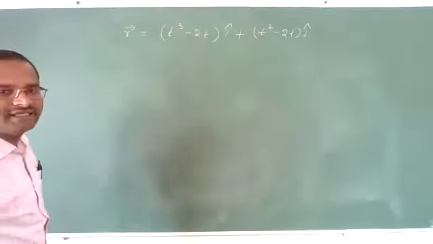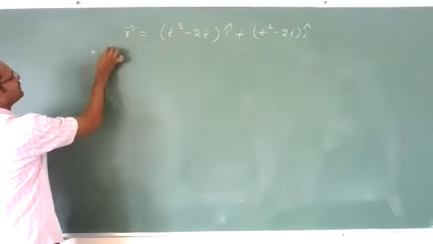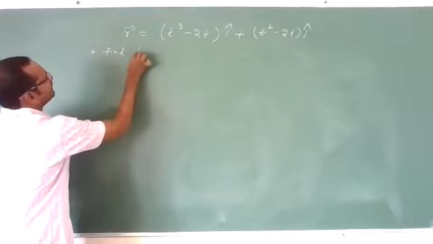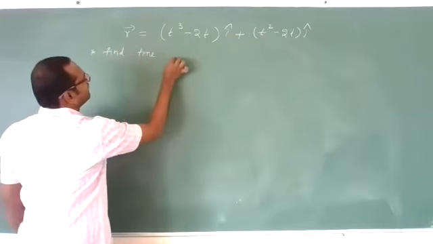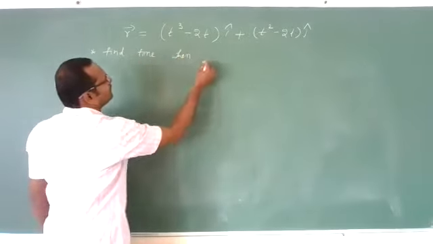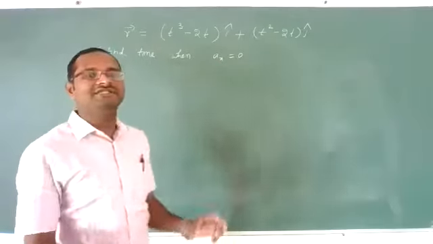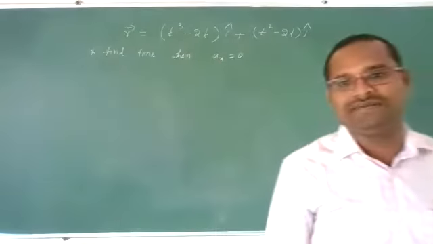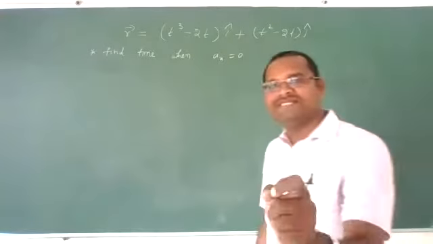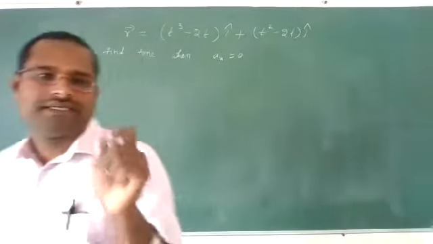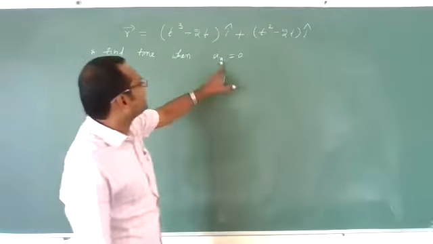This is the position vector. Now my question is: find the time when Ax is equal to 0, that is, horizontal acceleration is equal to 0. At what time is the horizontal acceleration equal to 0?